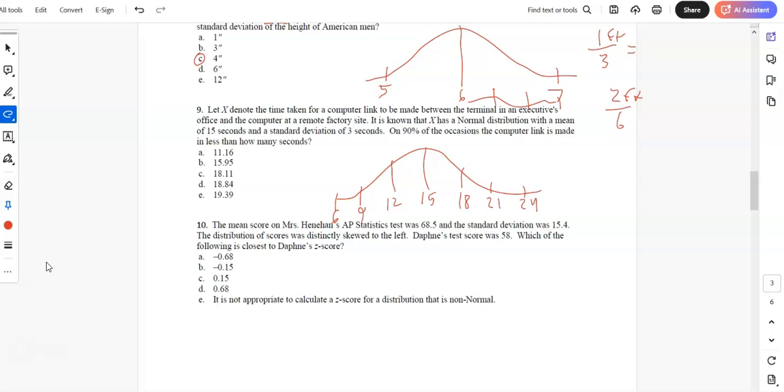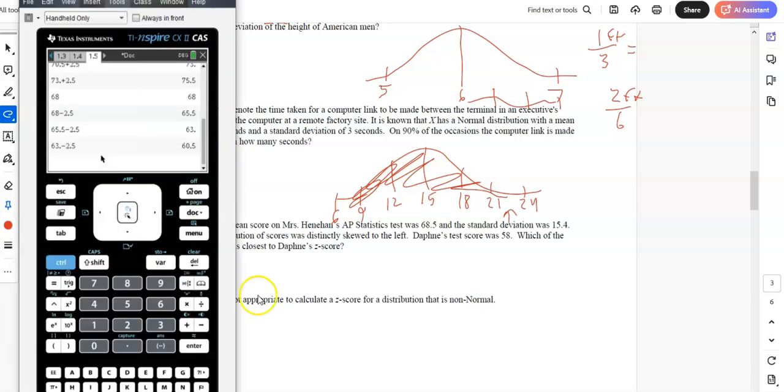So 90%, so somewhere over here is a point that, if I shade it, 90% would be to the left of that point. I'm not sure exactly where that point is. I'll call that point X or something. So I know the percentage and I want to find the value. So what command do I use if I know the percentage and I want to find the value? So you go menu 6.5.